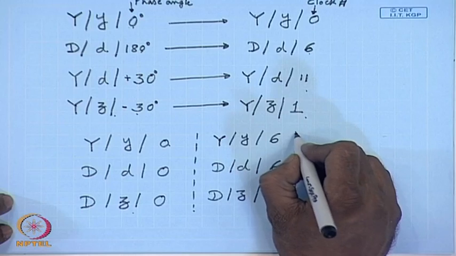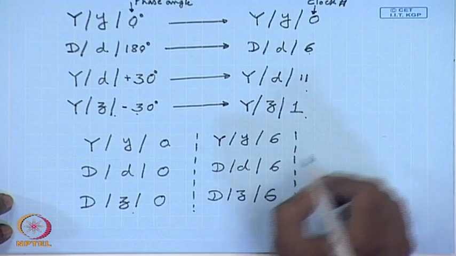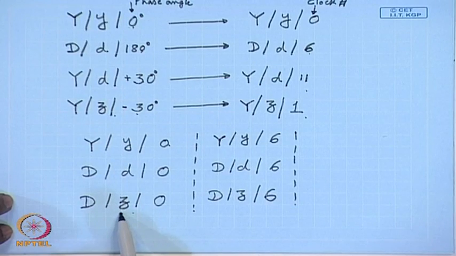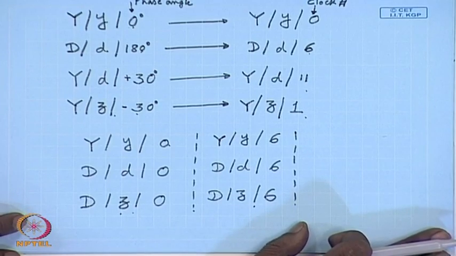Why? We will see shortly. These are 0 degree and 180 degree phase shifted phase groups.